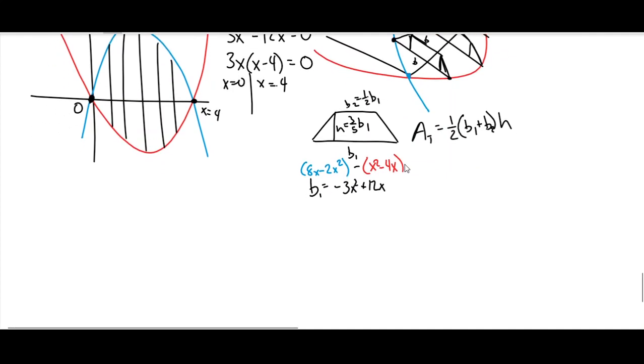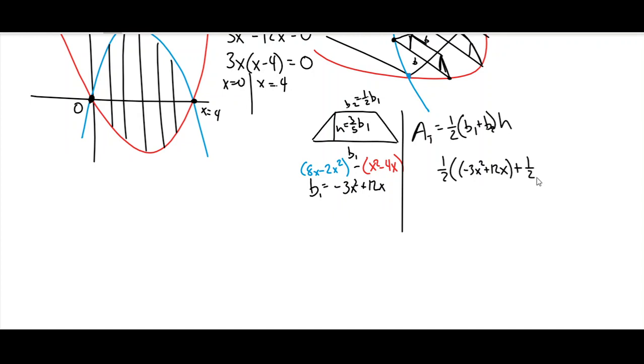I'm going to scroll down here so I can get a little bit more space. And we're going to see that the area, I don't need to write that out, the area is already written up there, is equal to 1/2 base 1, which is going to be negative 3x squared plus 12x, plus base 2, which is going to be equal to 1/2 base 1.